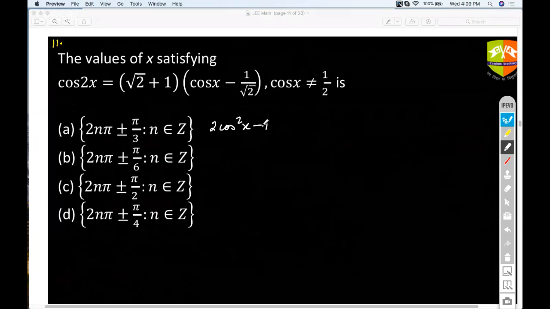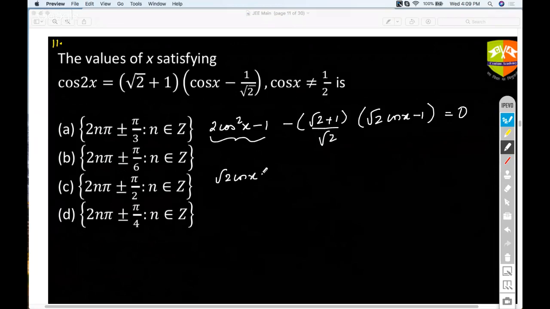So this will become negative of root 2 plus 1 by root 2 times root 2 cos x minus 1, equal to 0. Right? Now this itself can be factorized as root 2 cos x plus 1 times root 2 cos x minus 1.